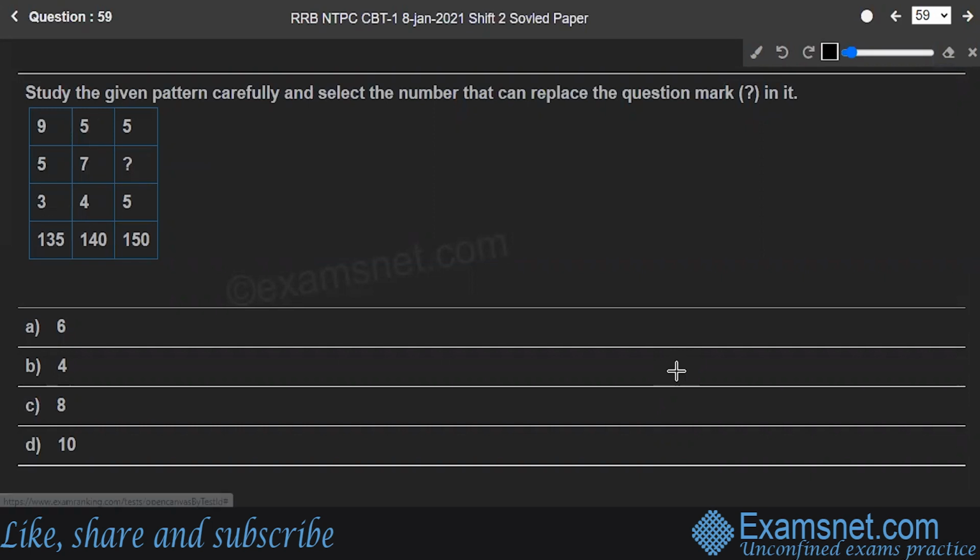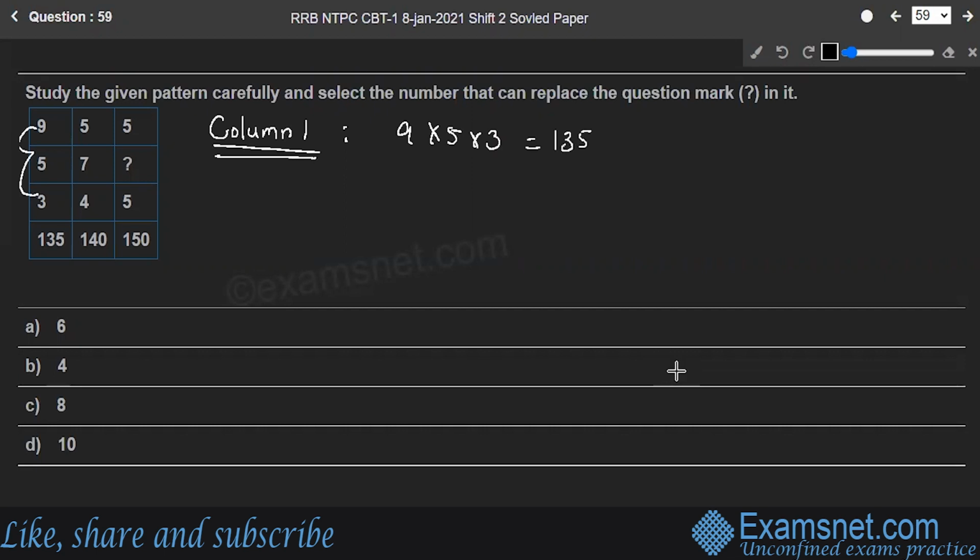First of all, I'll go with the column wise. In the first column, see, if I multiply 9 with 5 and 3, 9 multiply 5 multiply 3 gives me 135. Now, in the second column, let's check. If I multiply 5 with 7 and 4, I get 140. That means we got it.